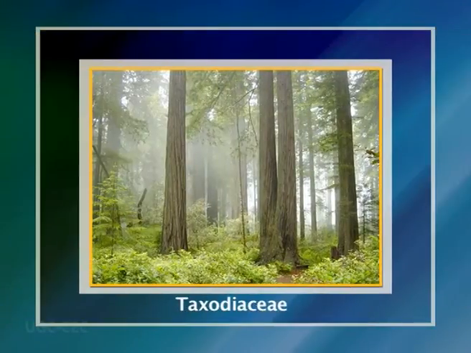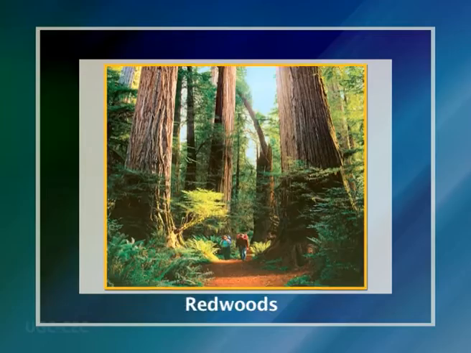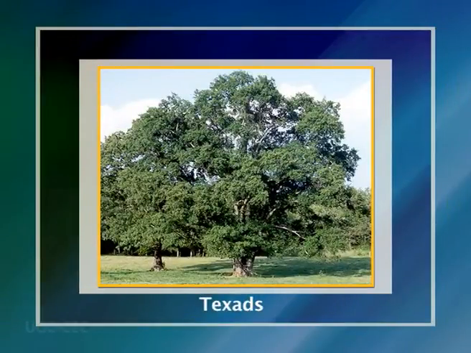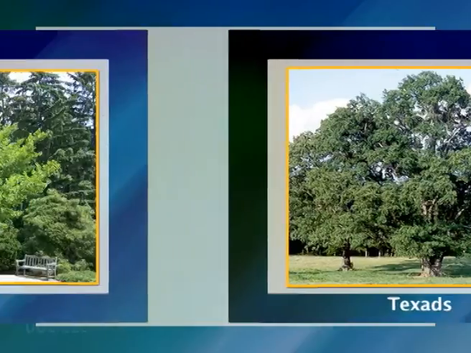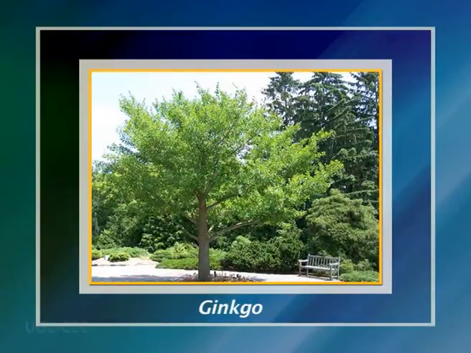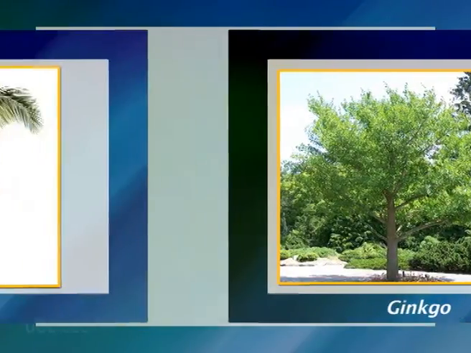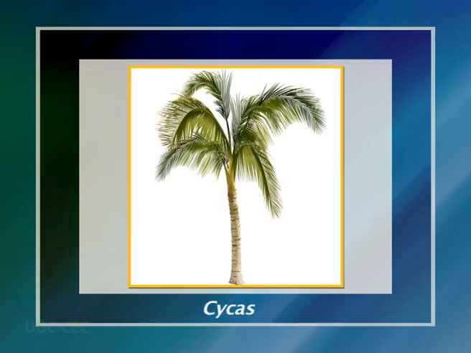And then Taxodiaceae, what we also call redwoods, and Taxads with about 20 species, and Ginkgo with just one species, that is Ginkgo biloba, and Cycads, palm-like trees, and needles with few interesting woody plants are other gymnosperms which exemplify the tree habit.